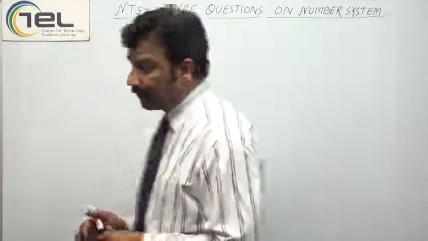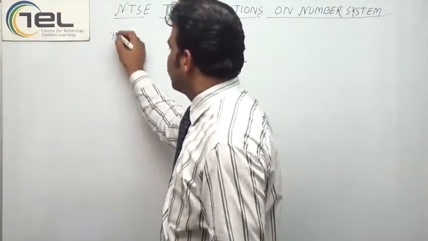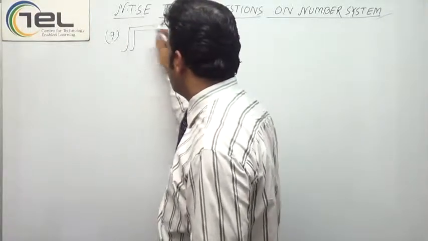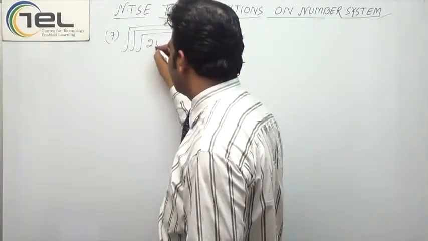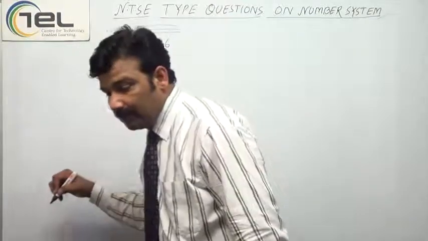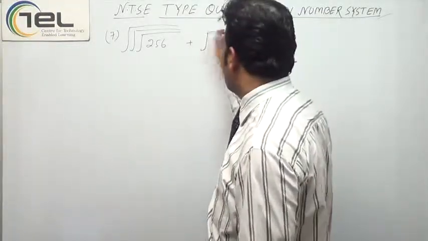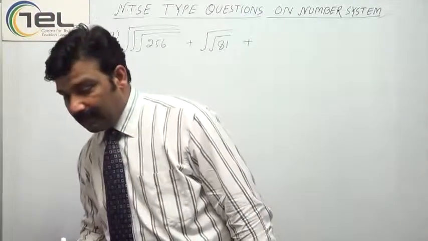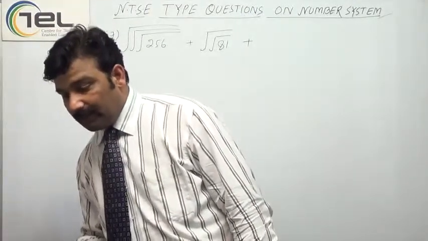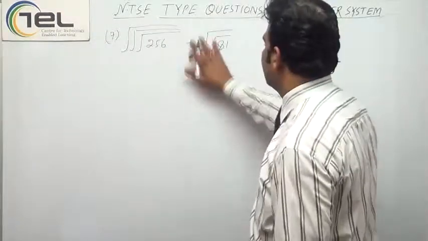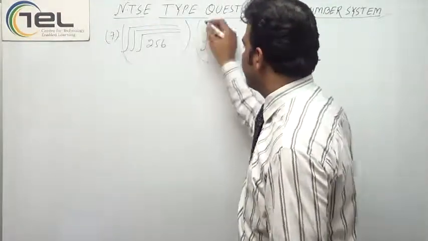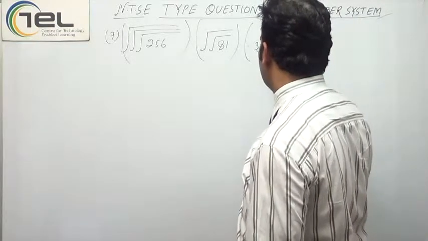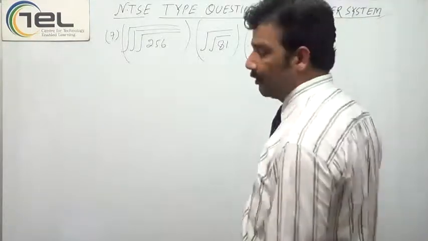The 7th question is: the square root of 256, very simple, plus the square root of 81, into the cube root of 125, equals to 1.